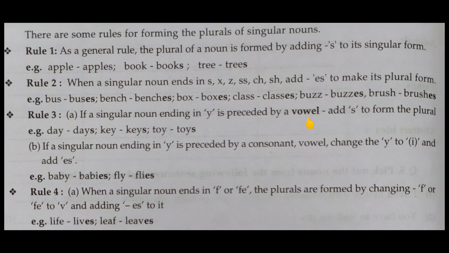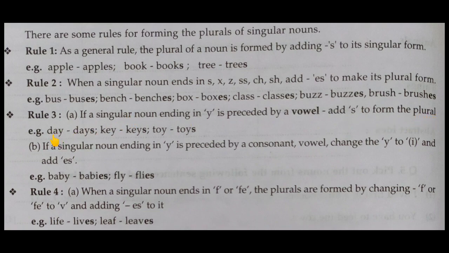A, E, I, O, U. Okay, so if any word has y at its end, and it is preceded by a vowel, meaning a, e, i, o, u, then what we have to do, we just add s at its end, okay, to form the plural.